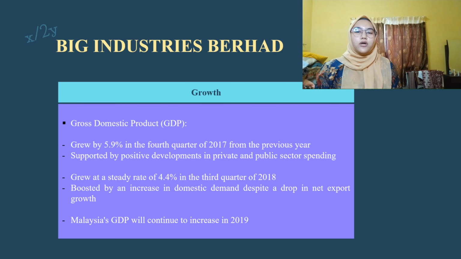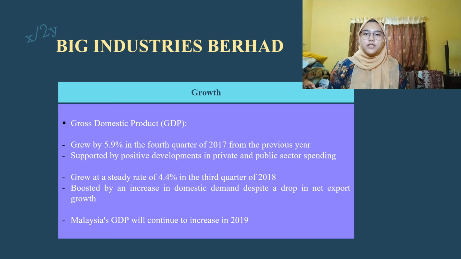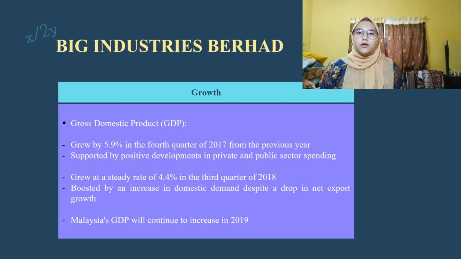Malaysia's GDP will continue to increase in 2019 owing to its diverse economy and diverse export, with the private sector economy serving as the primary driver of the development for the remainder of 2018 and 2019.